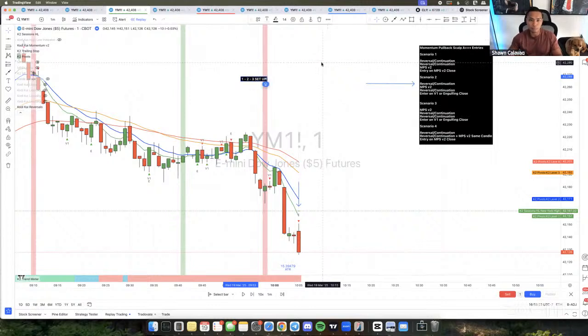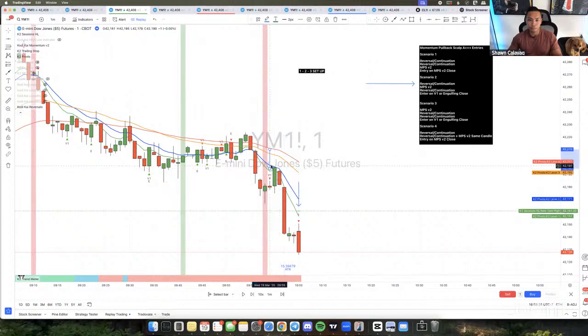I mean, this should probably make more sense because you're looking for 3 back-to-back entries. So you got the continuation reversal right here. Then you got the MPSv2, which is right here. And then this engulfing now is going to be the third setup. Reversal, MPS, reversal continuation. So now you're going to be entering right here on this candle.